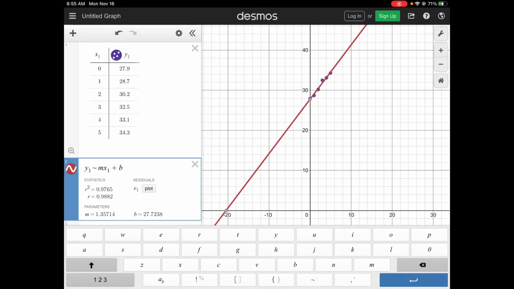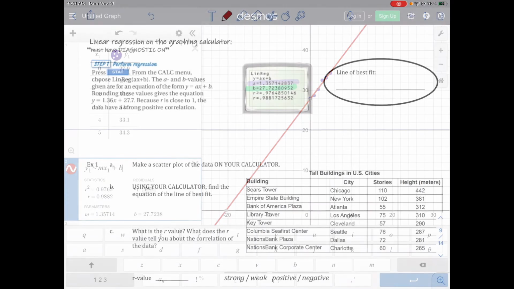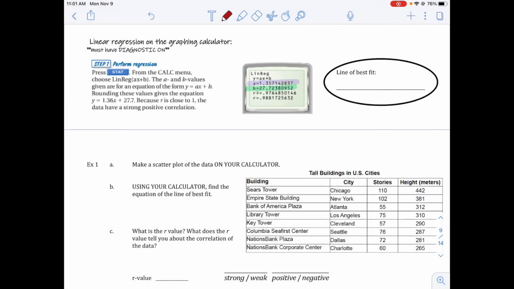So our slope is 1.36 when we round to the nearest hundredth. Our y-intercept is 27.72, and our R value is 0.99. So now that we have our linear regression equation, we now can interpret and write our line of best fit.